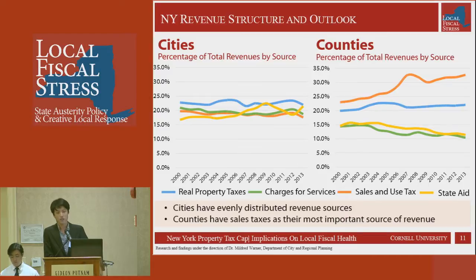We found cities and counties are less dependent on property tax revenues. Cities have property tax less than 25%, and have evenly distributed revenue sources. And counties have property tax revenues around 20%, with sales tax as their most important revenue source.